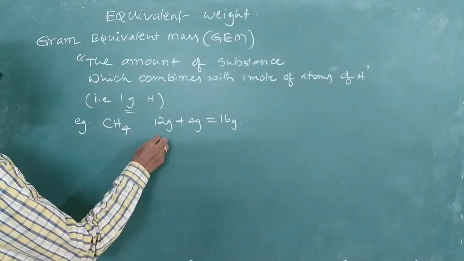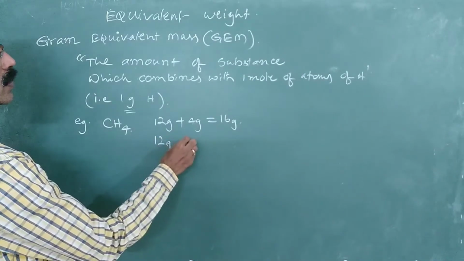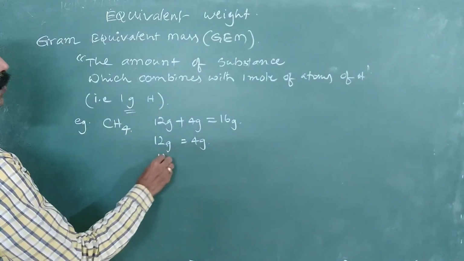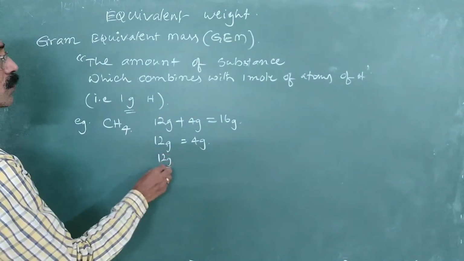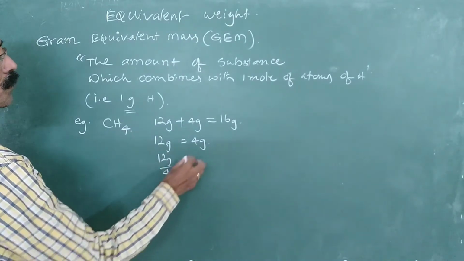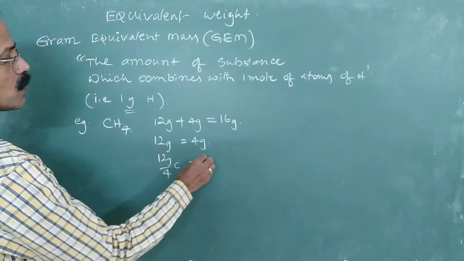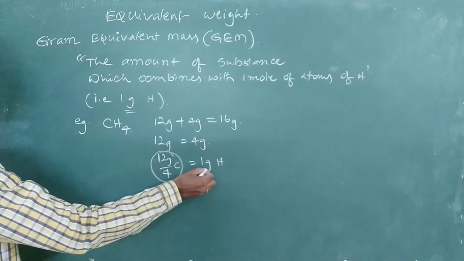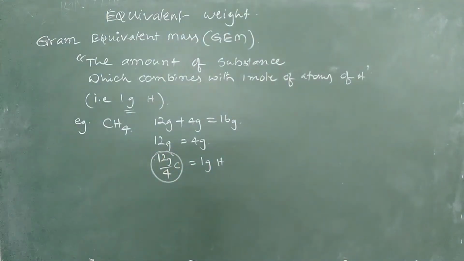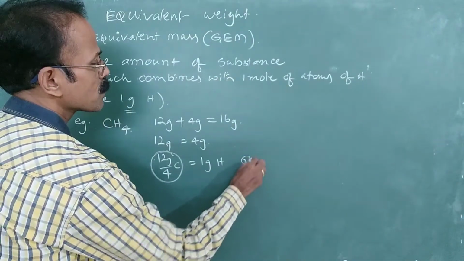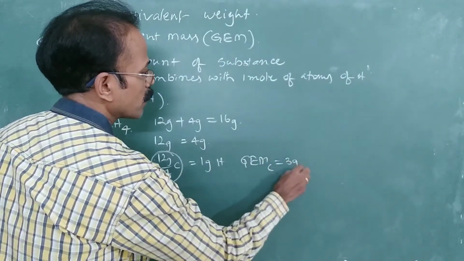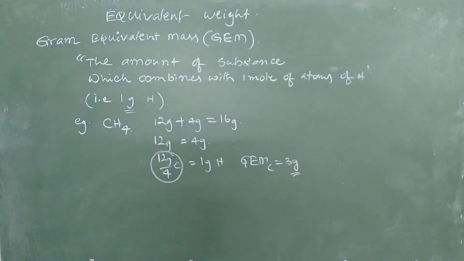So from this, 12 gram carbon combines with 4 gram of hydrogen, or 12 by 4 gram of carbon combines with 1 gram hydrogen, right? So this is the amount of carbon that is combining with 1 gram of hydrogen. Now this becomes the gram equivalent mass of carbon. So the gram equivalent mass of carbon is equal to 3 gram, right? So this is gram equivalent mass.